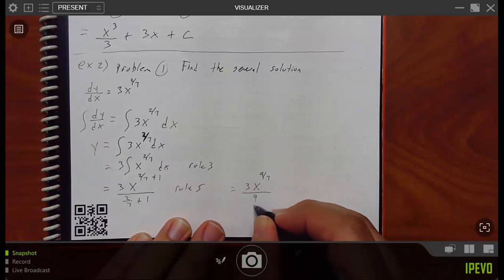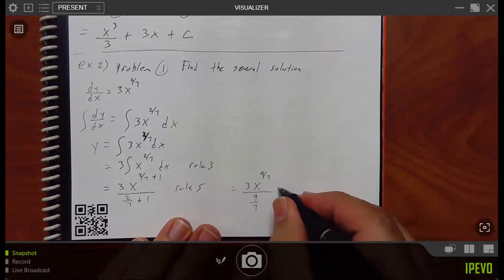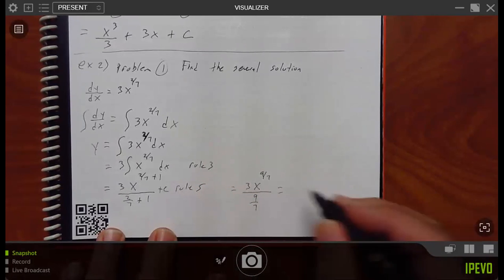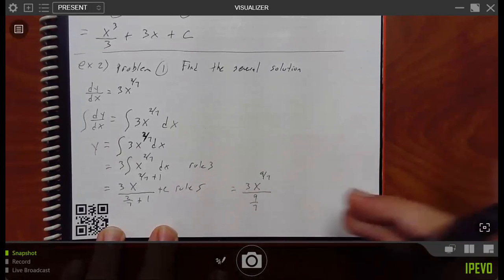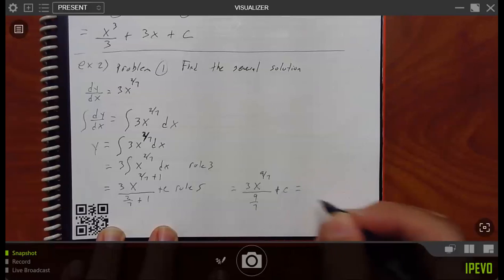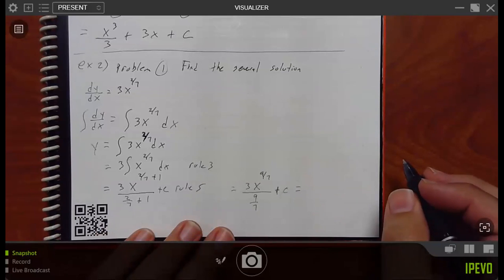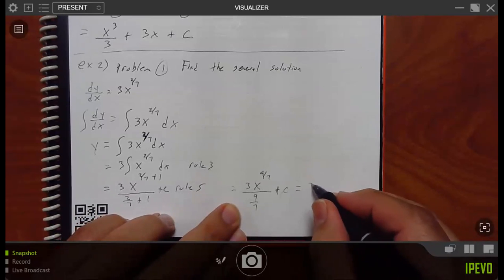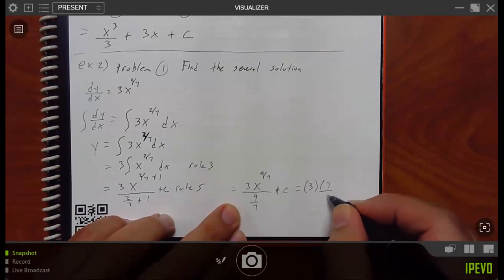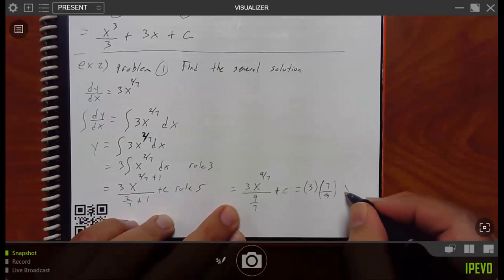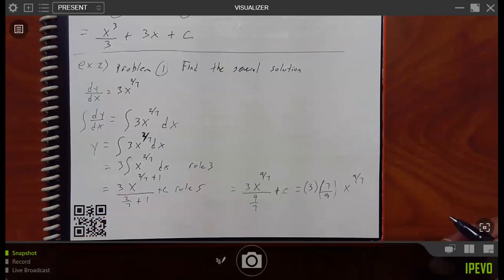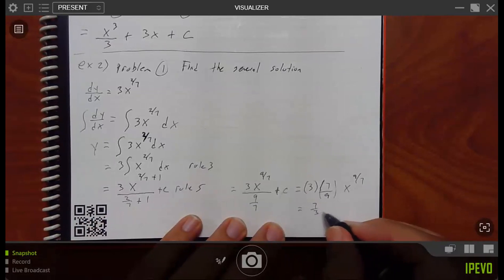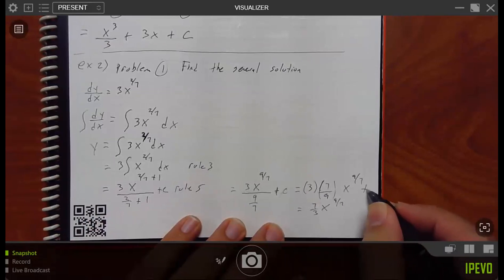Over 9/7, which is, so that will become, flip the fraction over and multiply. That'll be 3 times 7/9 times x to the 9/7. So our final answer will be 7/3 x to the 9/7 plus c.